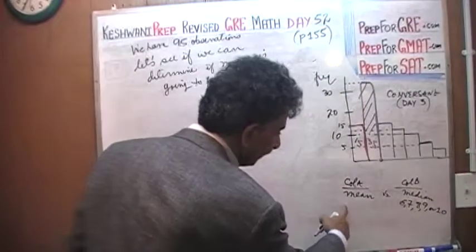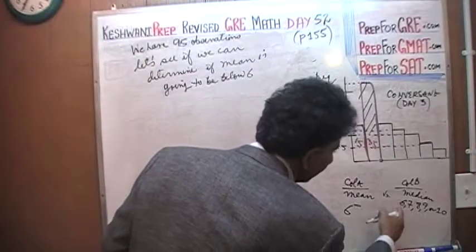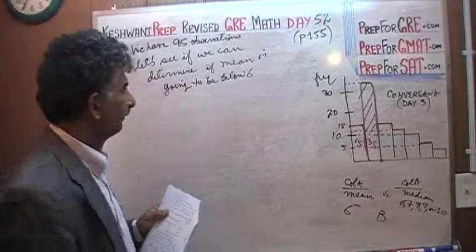If the mean is less than 6, the answer would in this case be B, because the median we know is at least 6.